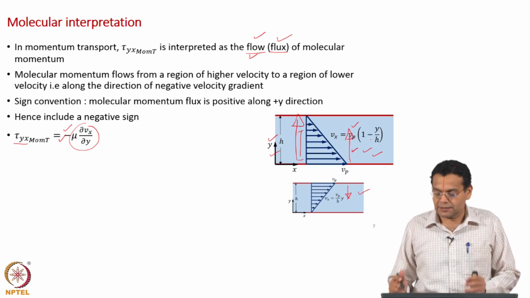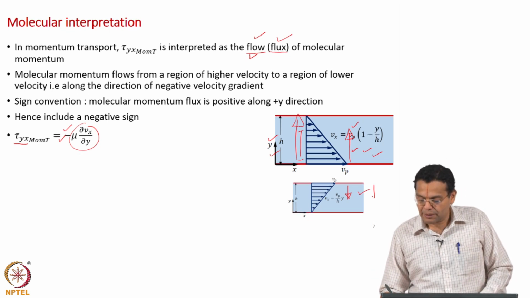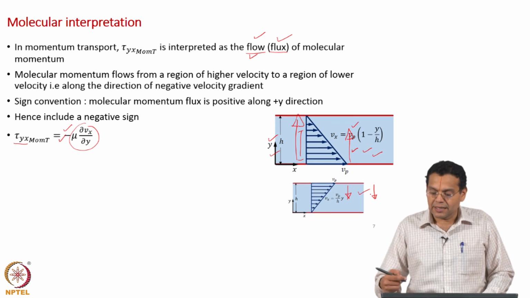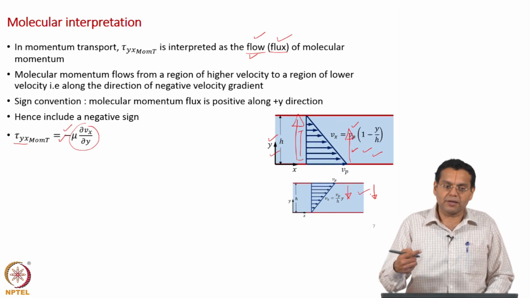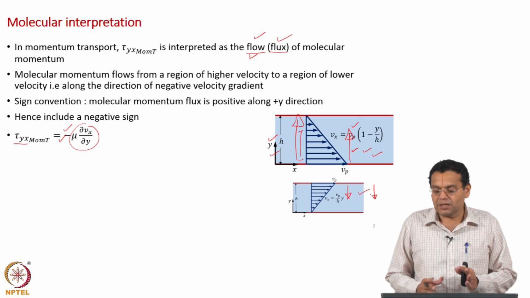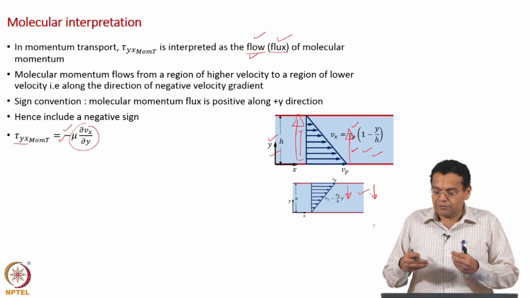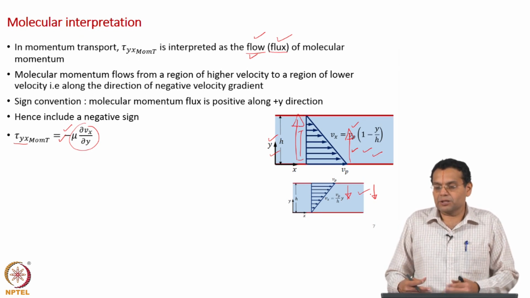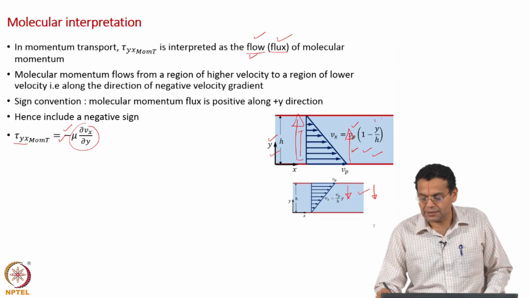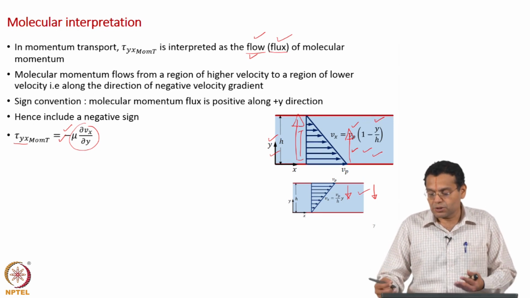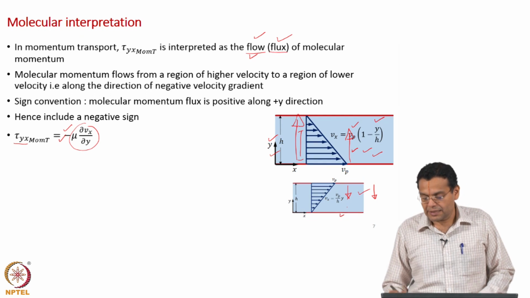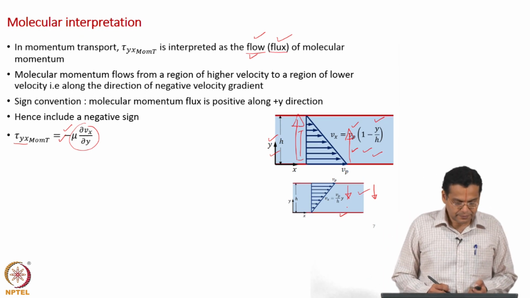Both result in the same sign convention, negative momentum flux towards negative y axis. Right now we have positive momentum flux towards positive y axis. So, we want to take a case where we deal with only positive y axis and positive momentum flux. That is why this Couette flow was taken rather than the other Couette flow. Okay.